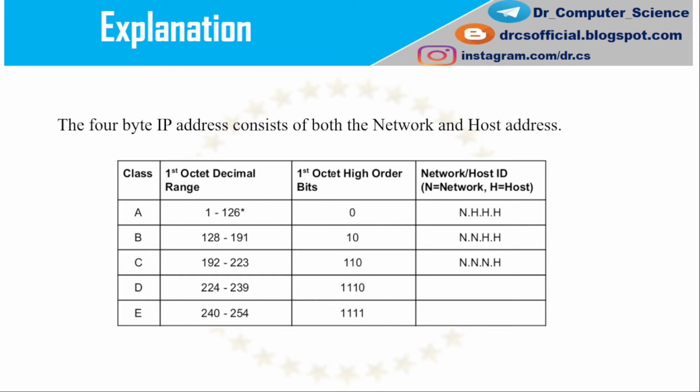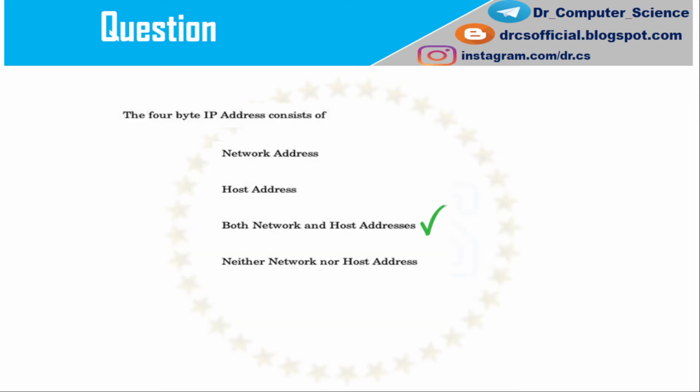The class A address starts from 1 to 126. The 127 is loopback IP. It has one network byte and 3 host bytes. So the answer is both network and host addresses.